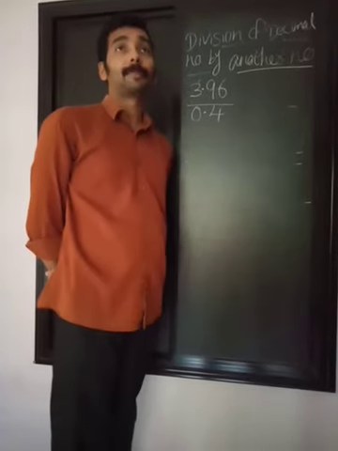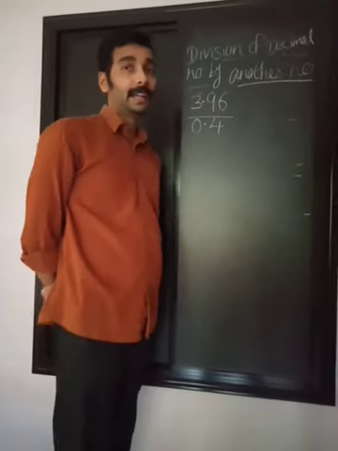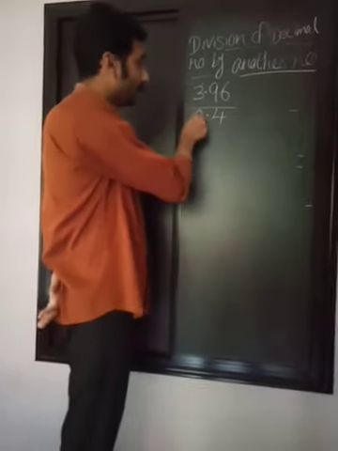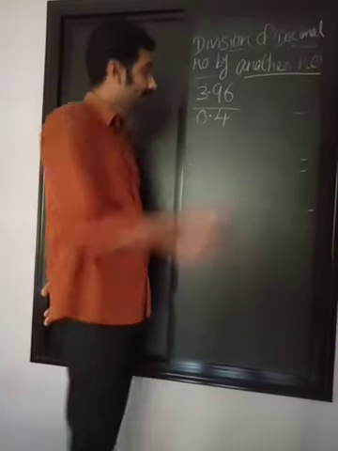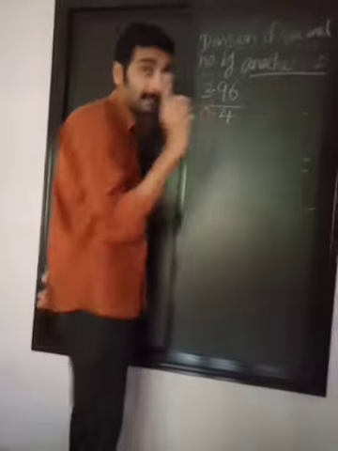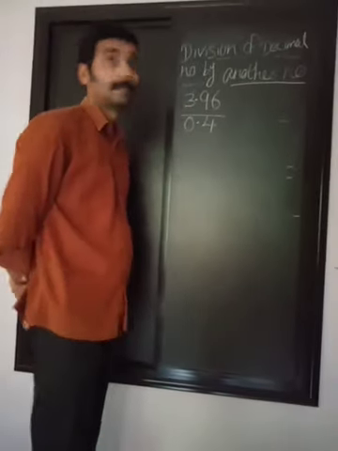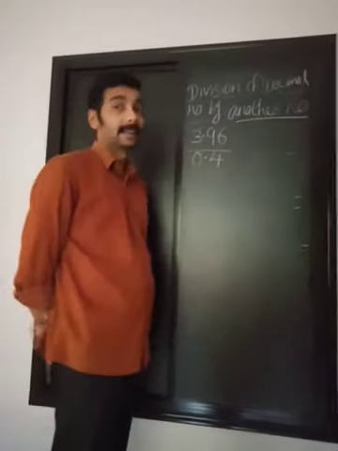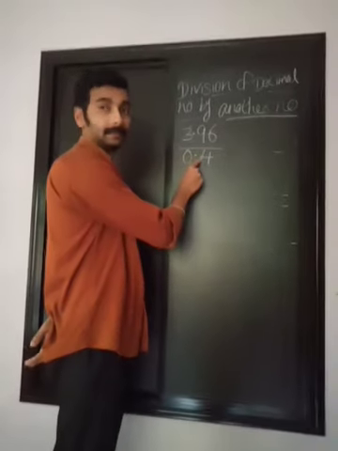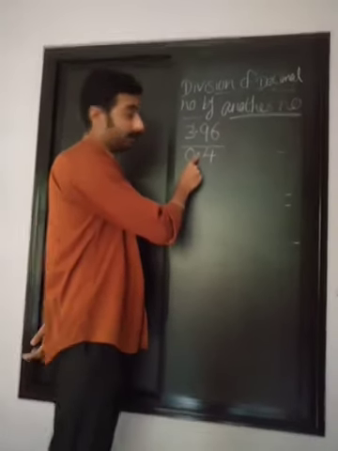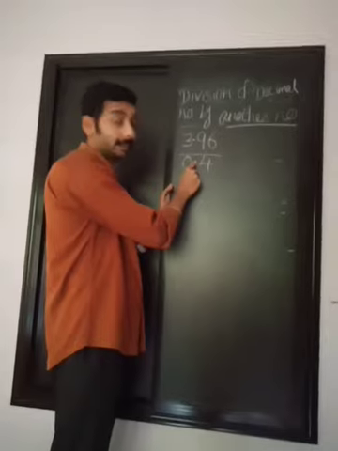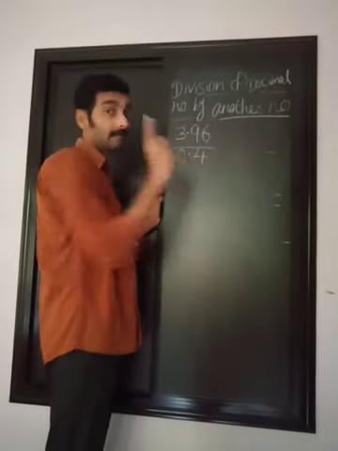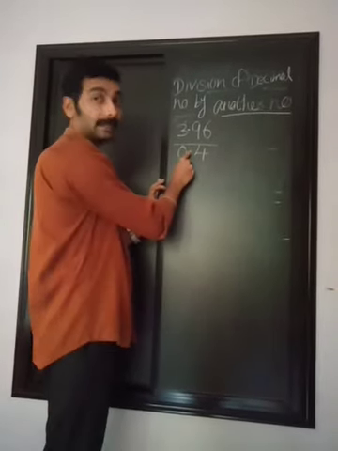In this type of question, first we notice the denominator. Denominator is one place of decimal.